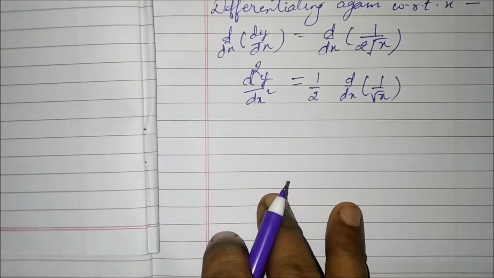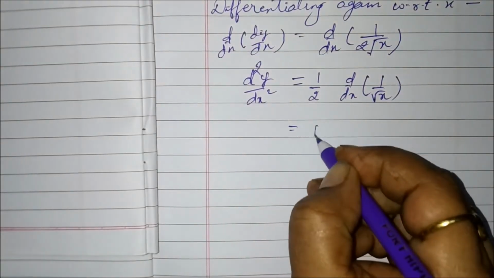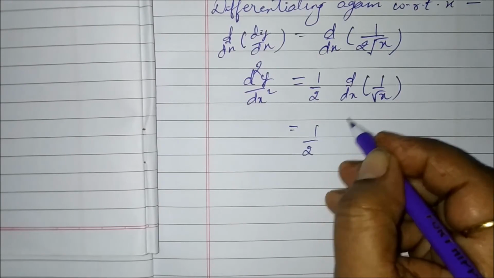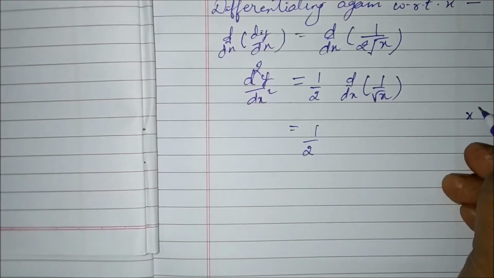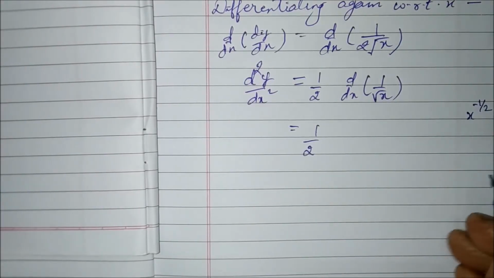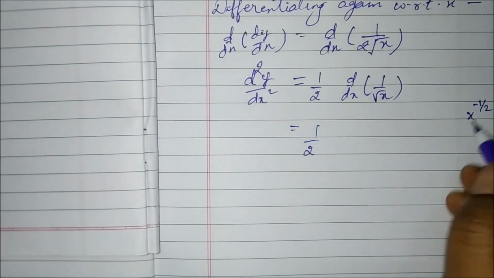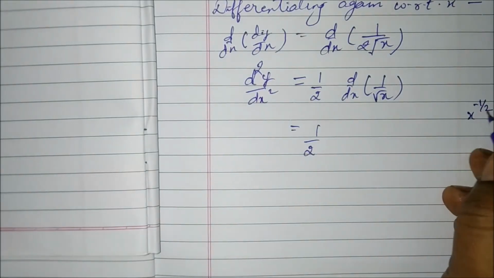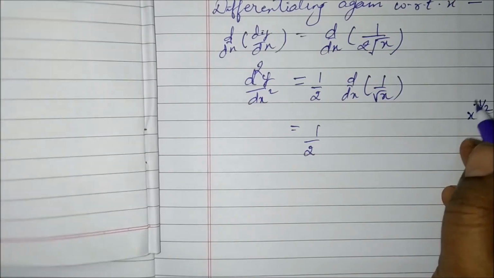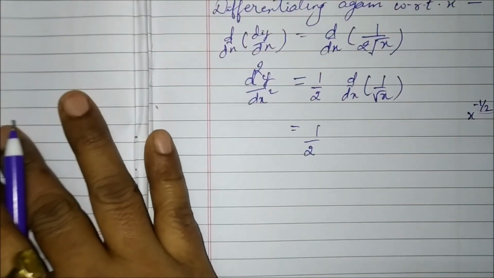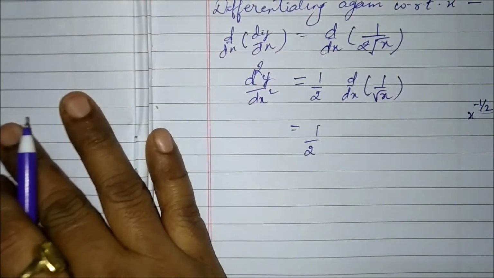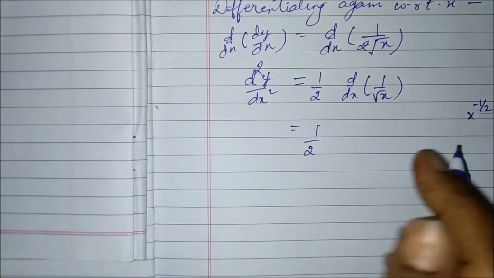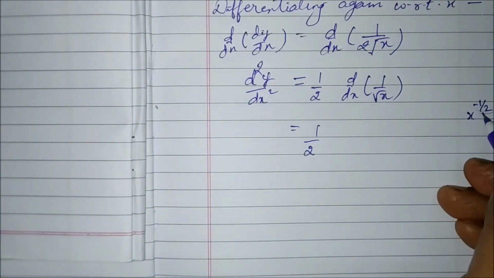Now 1 upon root x will be considered as x raised to minus 1 by 2. So this is like x raised to n, where n is minus 1 by 2.